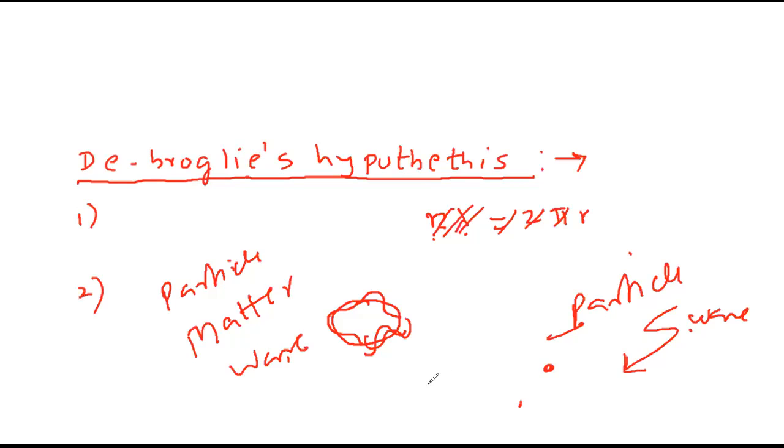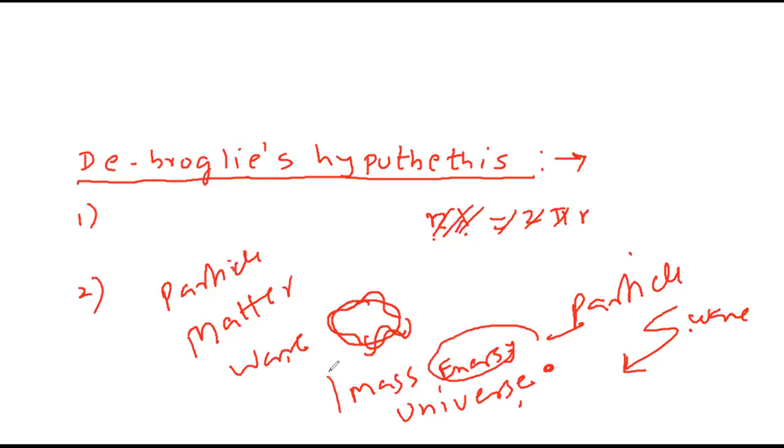Second, the total sum of mass and energy in the universe remains constant. So not only energy, but the sum of mass and energy in the universe remains constant. These were two assumptions made by de Broglie.